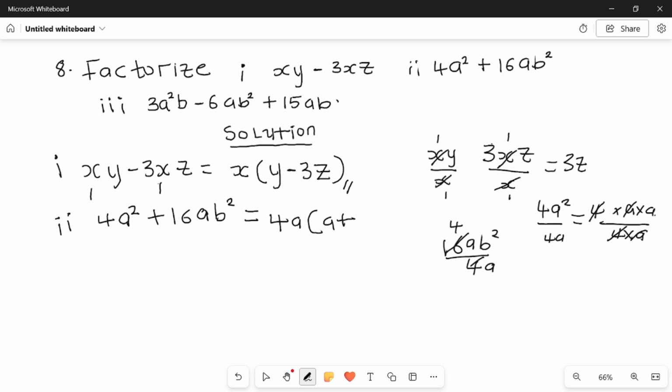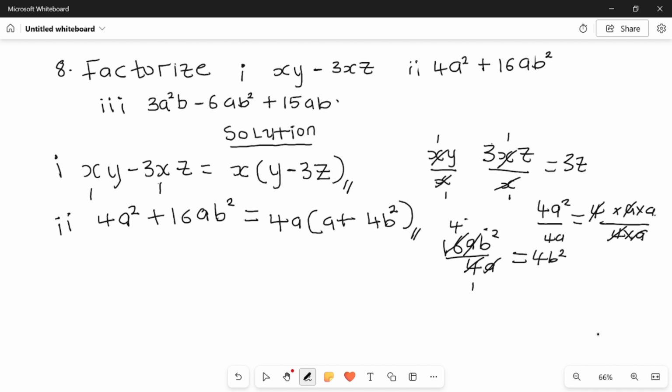And 4 will go into 4 to get 1. A will cancel a here. So we're left with 4 and b squared. So we'll write it as 4b squared, right? So we'll now be plus 4b squared. So this is our final answer.